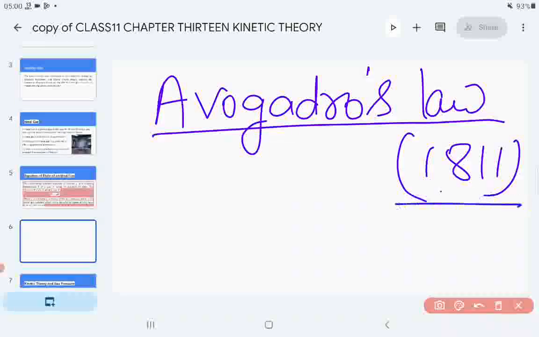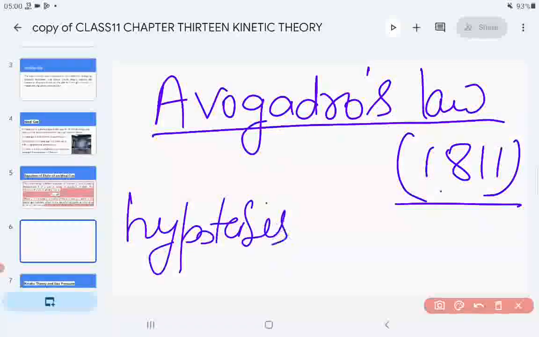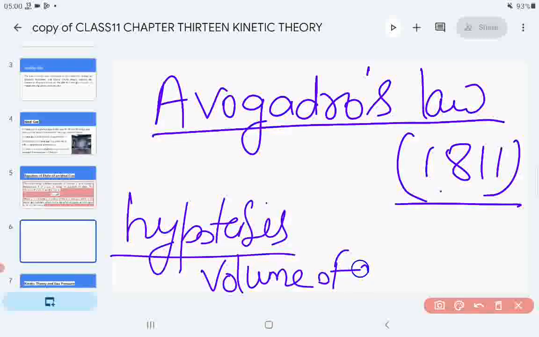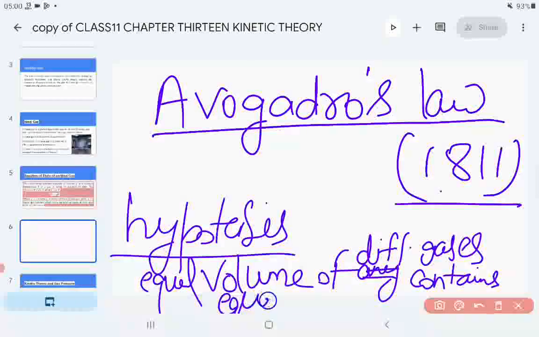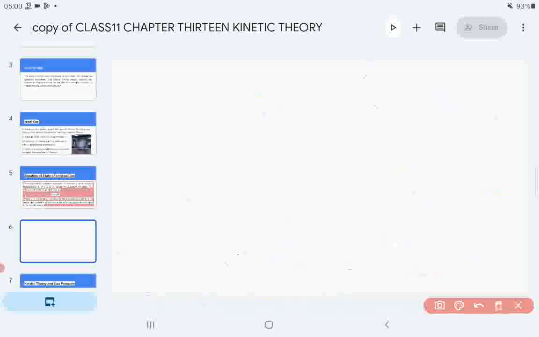He gave a hypothesis, not an assumption, an idea that equal volumes of any different gases contain an equal number of molecules.